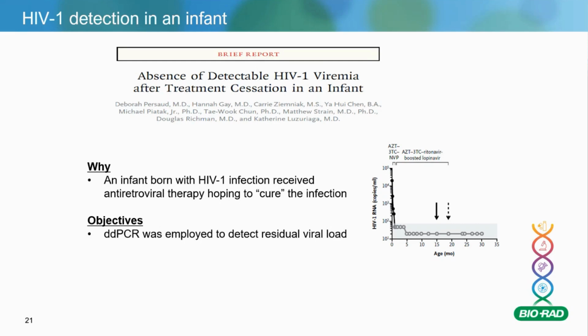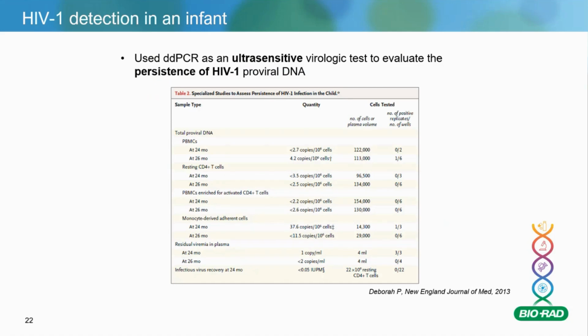So they needed some sort of ultra-sensitive test to evaluate the persistence of HIV infection in a child through the age of 30 months during the therapy and after the therapy was discontinued. And for this, they turned to ddPCR because of the sensitivity of this sort of technology as well.